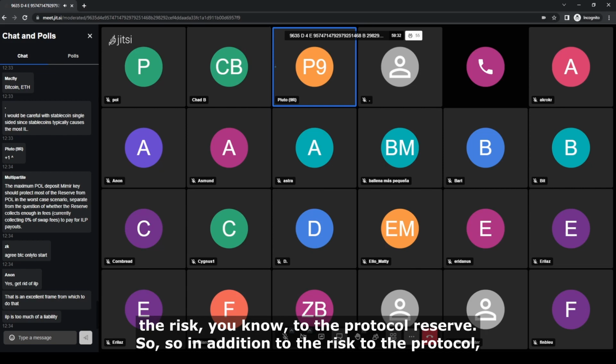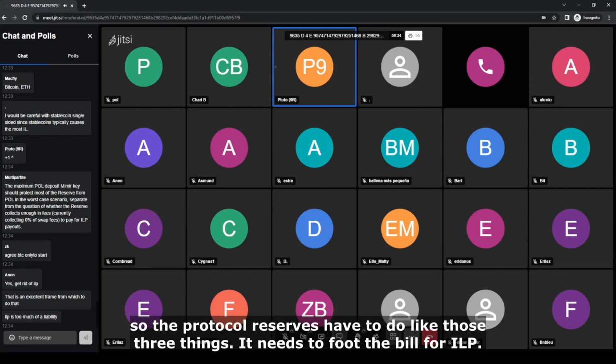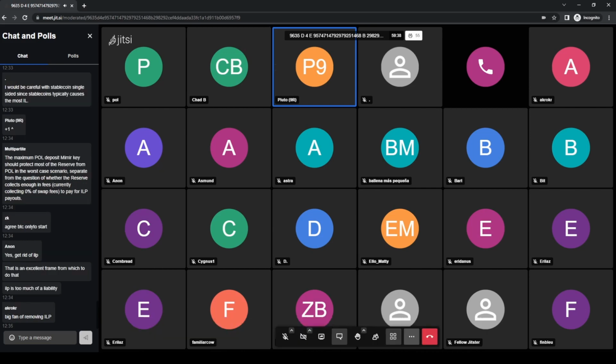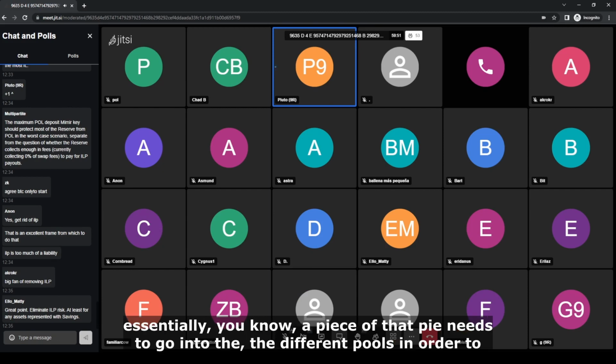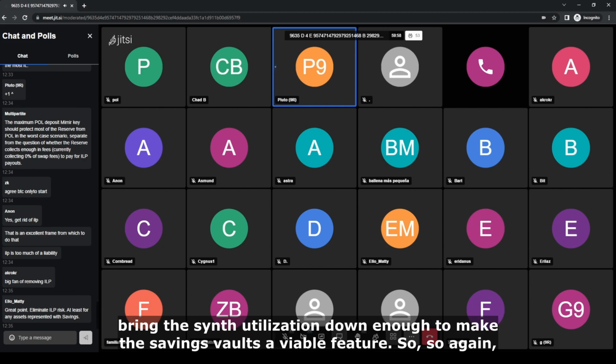So in addition to the risk to the protocol, the protocol reserves have to do those three things. It needs to foot the bill for ILP. It needs to pay out the bond and LP rewards in every block, and then it also needs a piece of that pie to go into the different pools in order to bring the synth utilization down enough to make the savings vaults a viable feature.